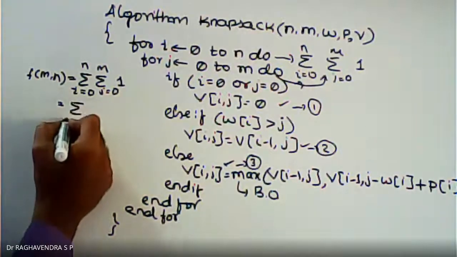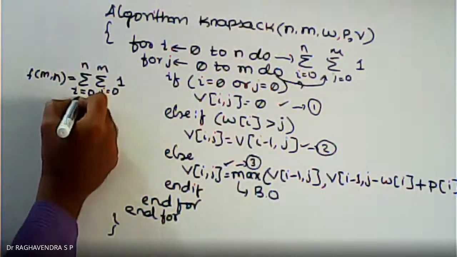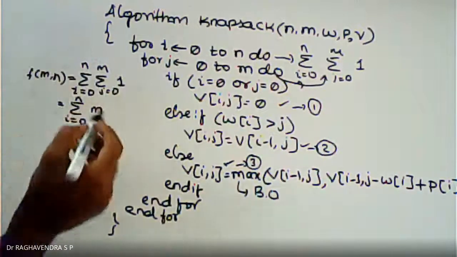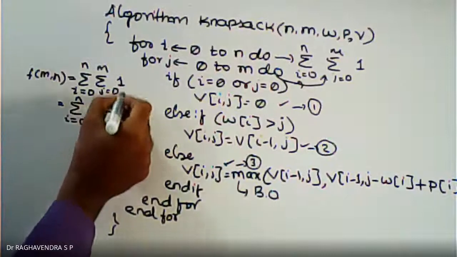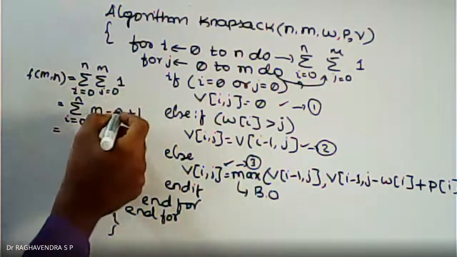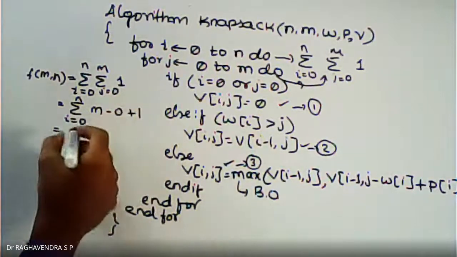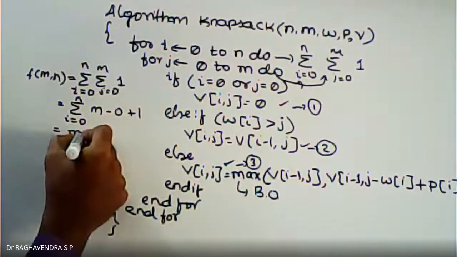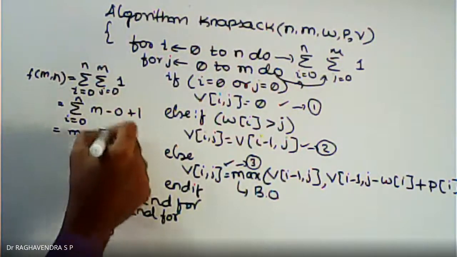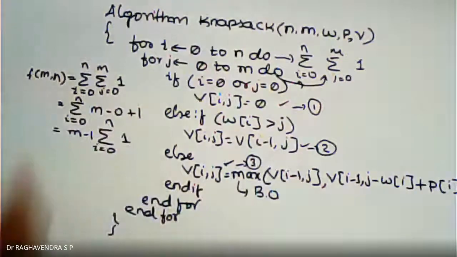So sigma j equals 0 to m, upper bound is m, lower bound is 0, plus 1, so it becomes m plus 1. I have taken m plus 1 outside, sigma I equals 0 to n, if there is nothing, it is 1.